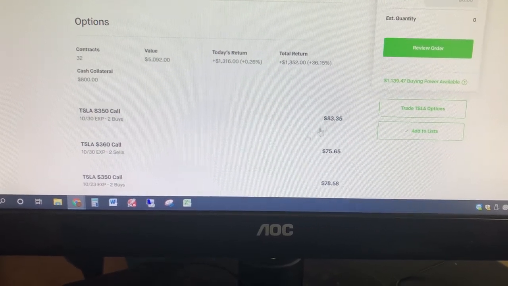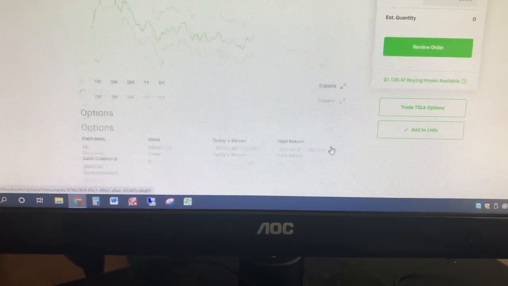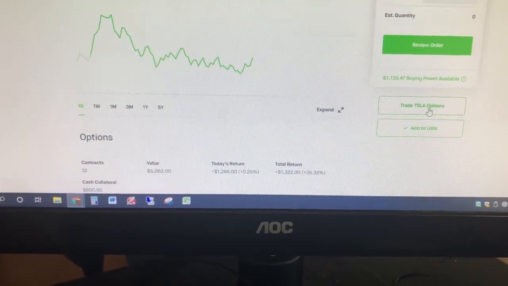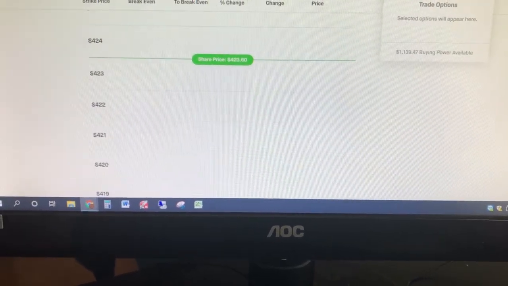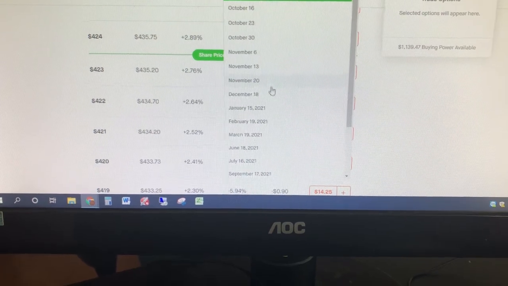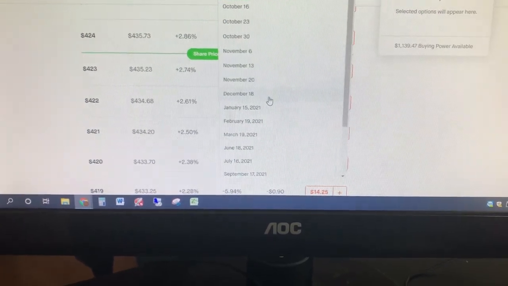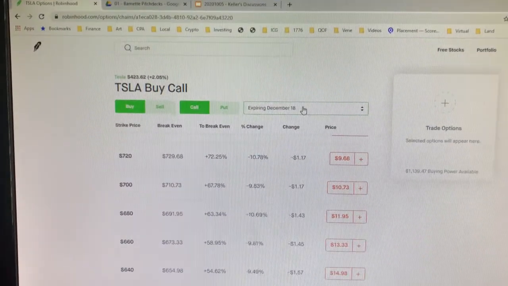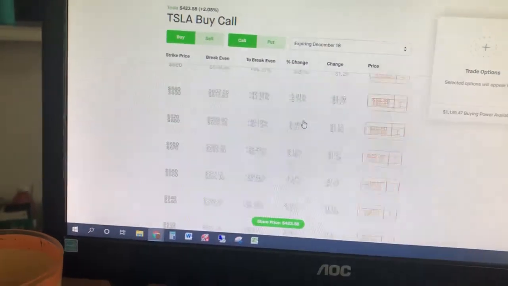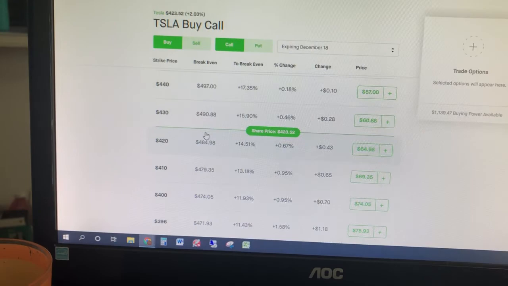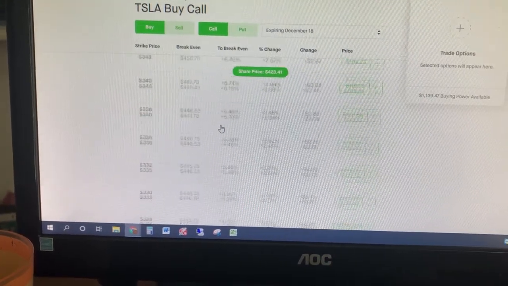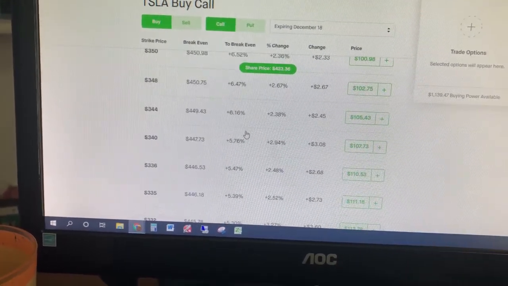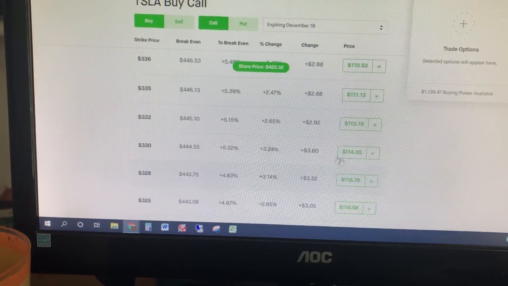I got a bunch of different calls on Tesla, and let's just keep putting more down. For this one, I'm gonna look up December 18th. This is a short-term one, and Tesla is currently at $420.